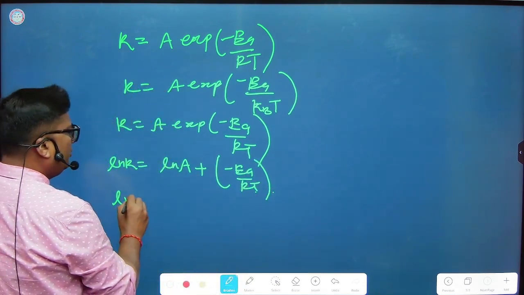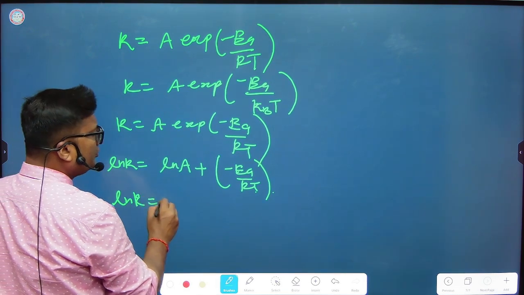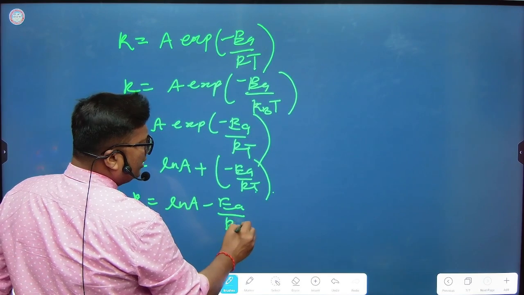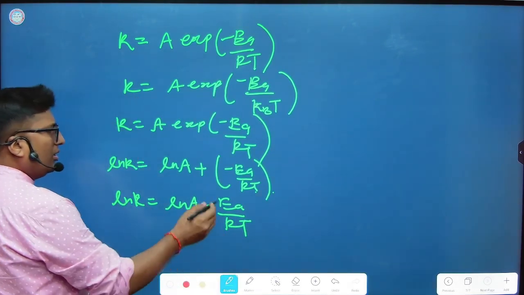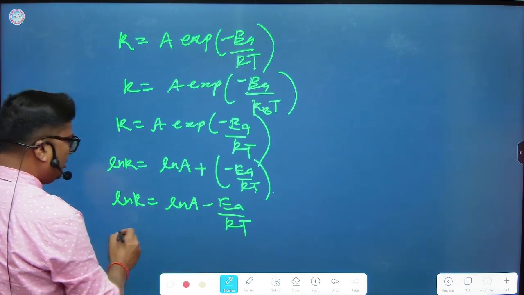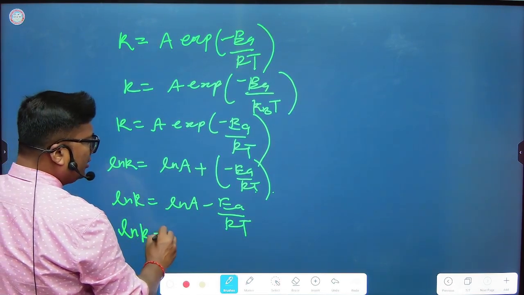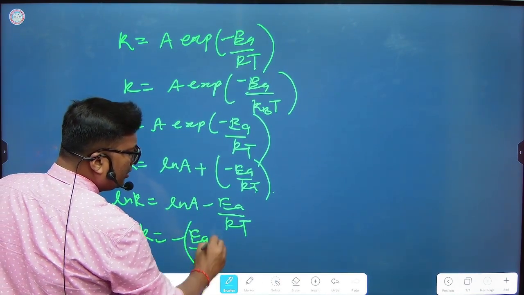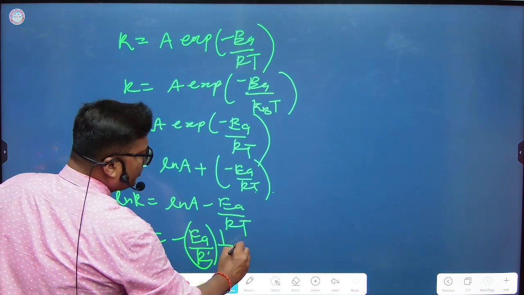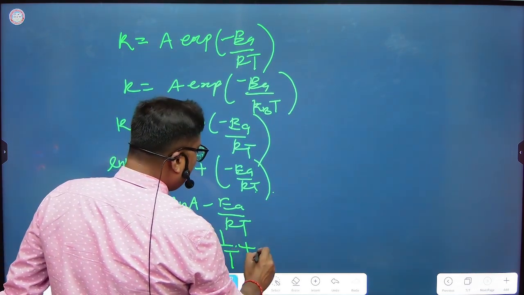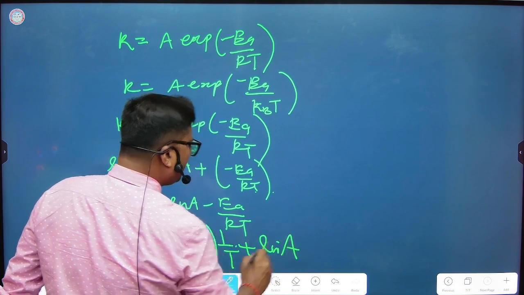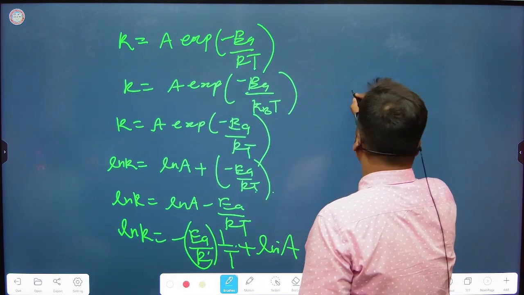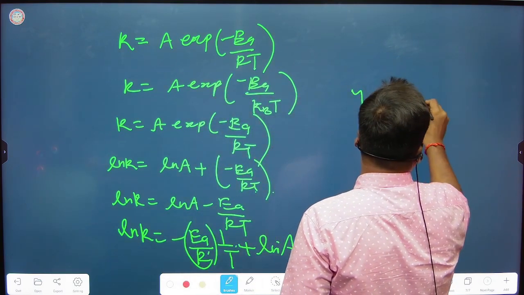So ln K equals ln A minus EA upon RT, or simply you can reorganize this as ln K equals minus EA upon R times 1 by T plus ln A.